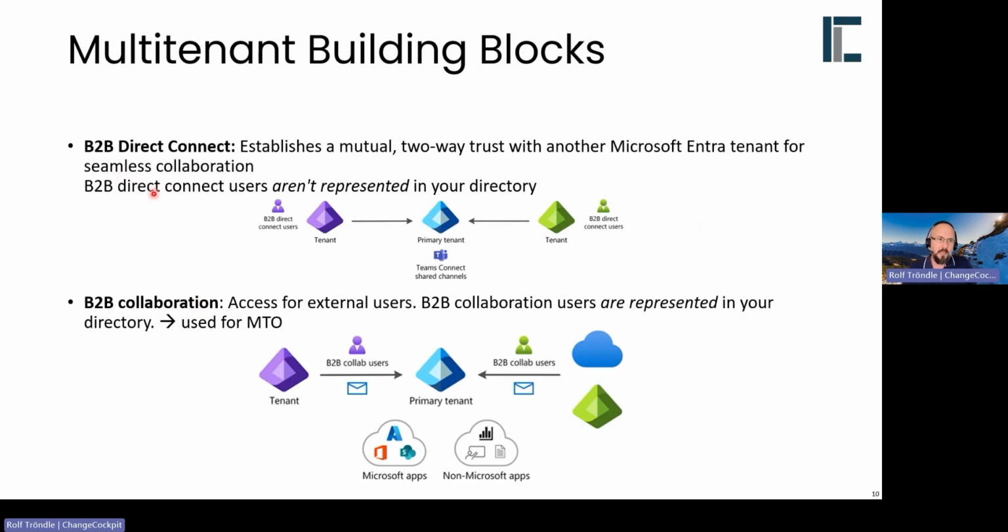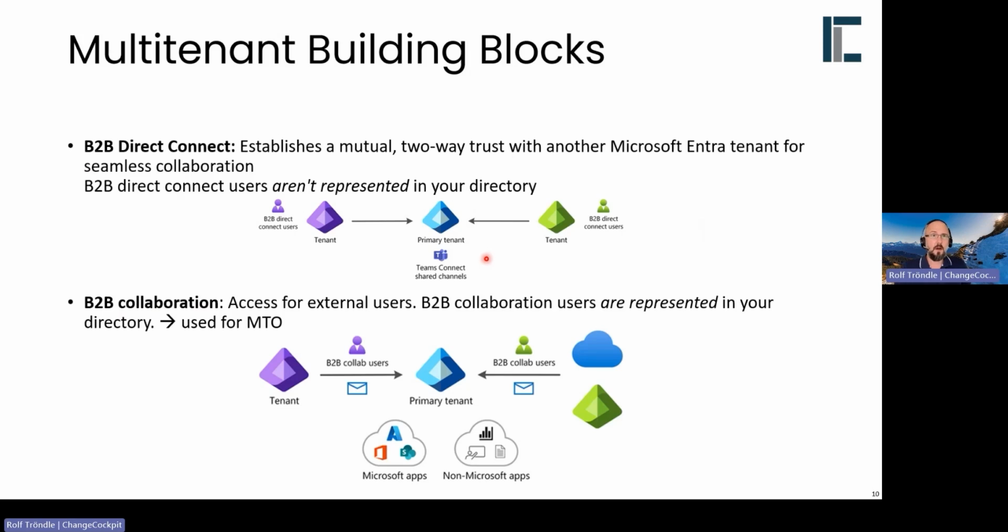In B2B direct connect scenarios, the users are not represented in the other directory. So the user stays inside its own directory, and we don't create a guest user like we do when we invite using B2B collaboration. B2B direct connect, as mentioned before, is currently only used for Teams Connect shared channels.